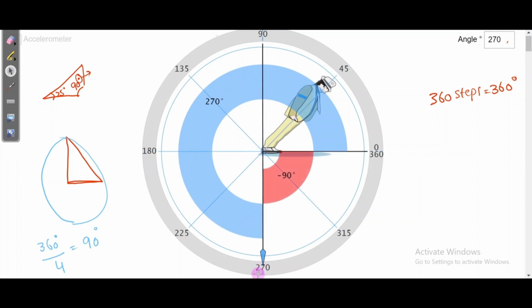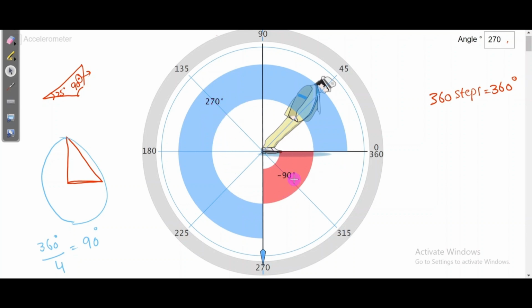Here 270, and in this case this 270 means that from the original position we take 270 steps in order to reach here to 270, and the angle made with that original position is 270 here.